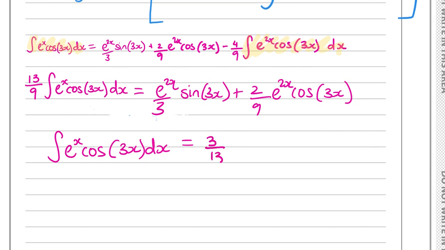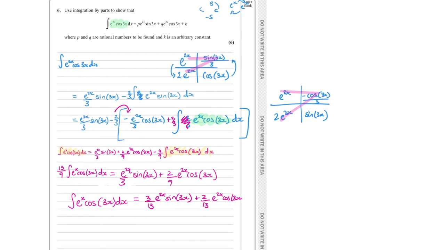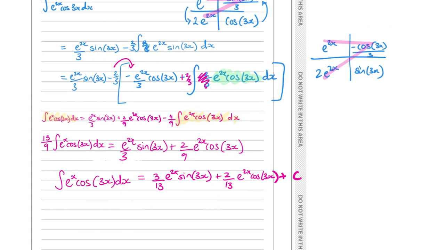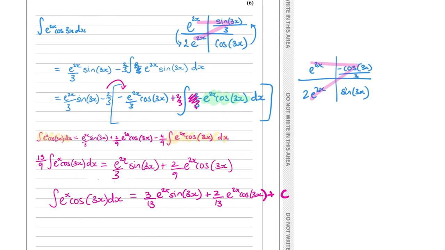So 3 over 13 e to the 2x sine 3x plus 2 over 13 e to the 2x cos 3x. Is that right? Plus c. Let's just check that we haven't made any silly mistakes. So 6 marks, and actually that's pretty simple. You just have to remember this part, yeah?